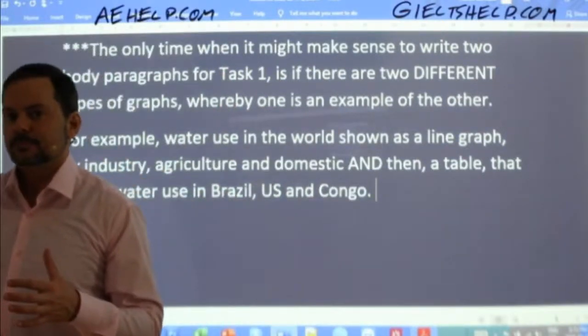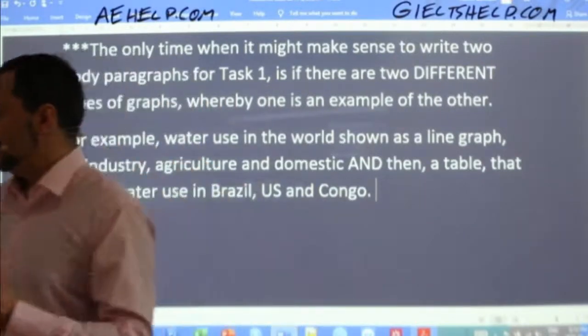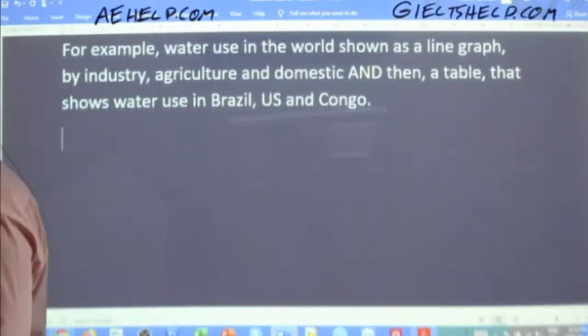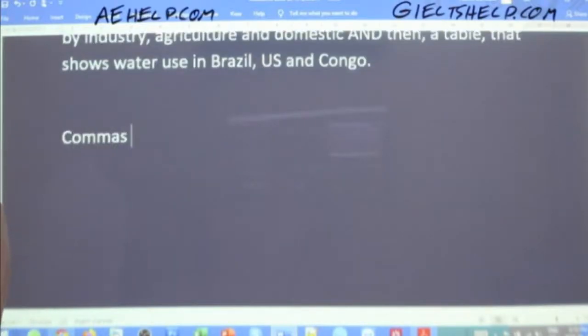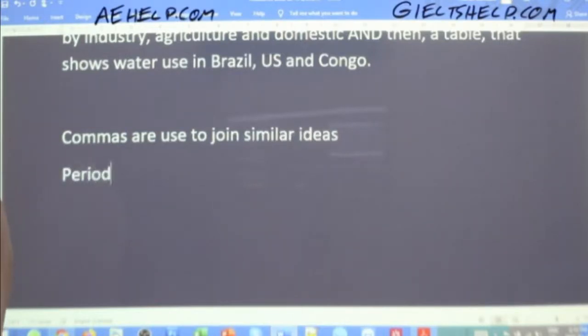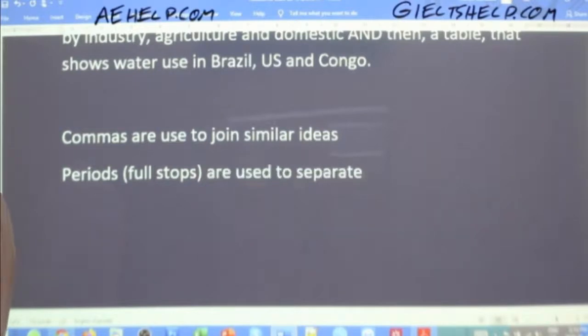So remember kind of the rules here. I think I can help you a little bit more here. So commas are used to join similar ideas. Periods, or full stops, as they're also called, are used to separate linked but different ideas.